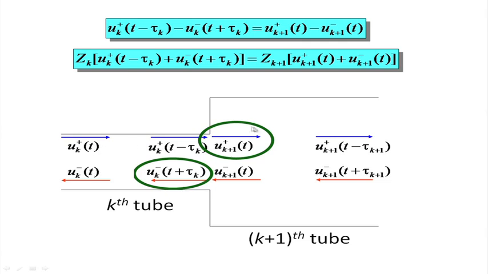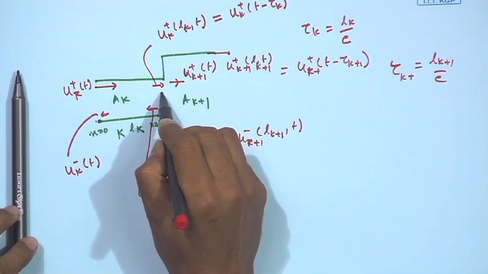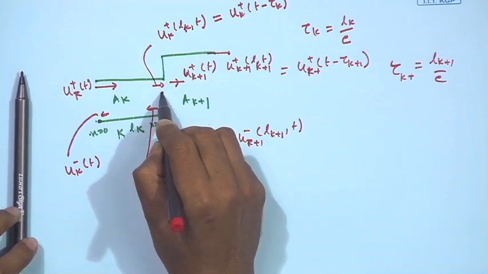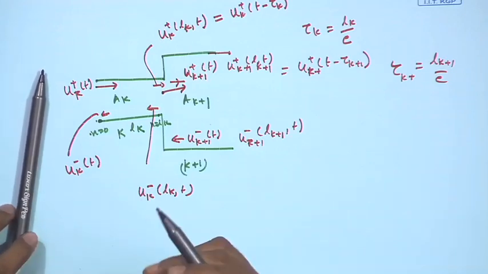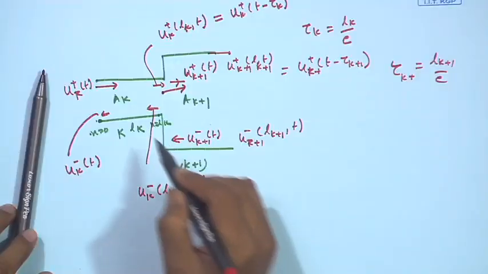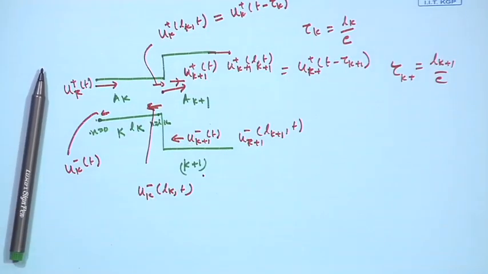So, I have to find out the expression of the forward wave of the (k+1)th tube and the backward wave at the kth tube. If I am able to find these two expressions, then I know what will happen in the junction. I can draw the equivalent signal flow diagram at the junction. My whole purpose is to find out how much forward wave is injected by the kth tube to the (k+1)th tube and how much backward wave is injected by the (k+1)th tube to the kth tube.